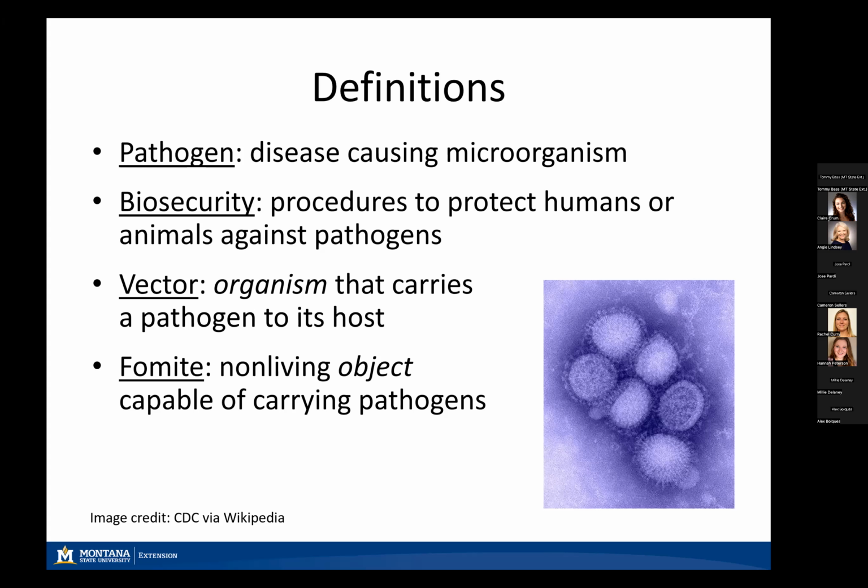Fomites are non-living objects capable of carrying pathogens. So what we think of here is your boots, your shoes, tools that are shared between farms, equipment that could be shared between farms. So a vector for a disease is another living organism, and a fomite is a non-living object.